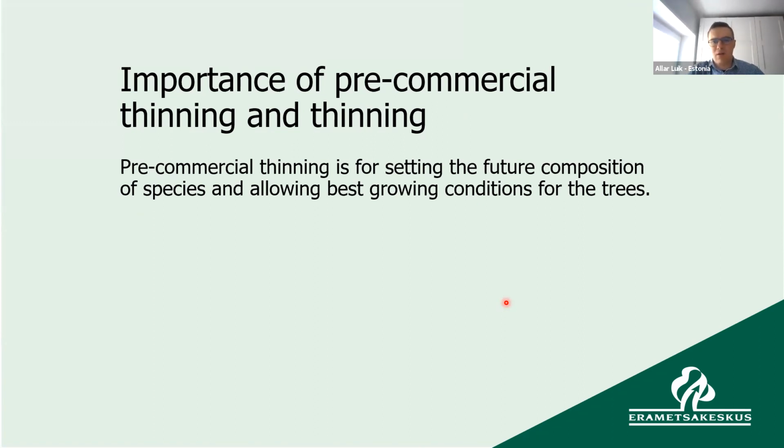It is very easy to have spruce, birch, aspen, grey alder, and even maybe some maples growing in a young stand that has come naturally. And with this pre-commercial thinning, you often cut down, let's say, 95% of the grey alder and maybe some birch, and so you can regulate the future composition of the forest.